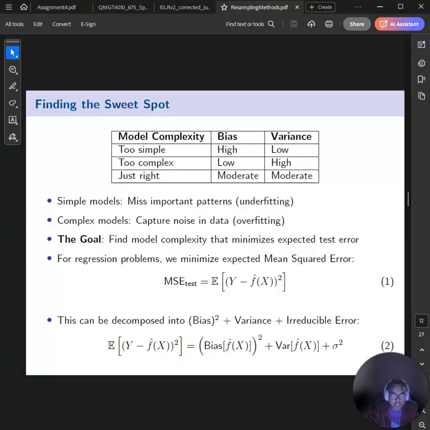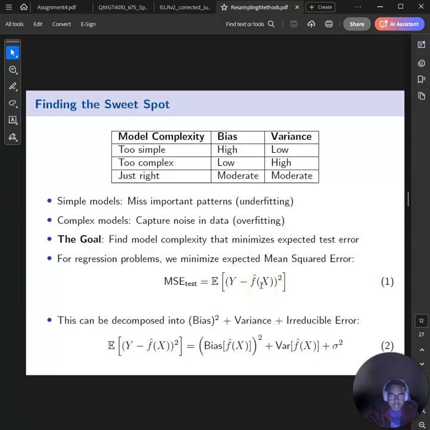for our data. For regression problems, we try to minimize the expected mean square error on the test data, which we write as MSE test equals expected value of the square of the difference between our observed dependent variable and our fitted model.